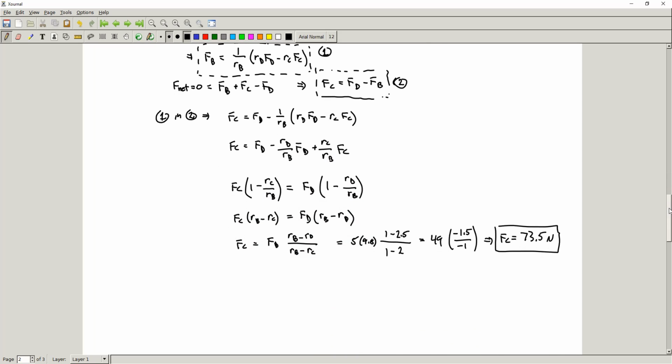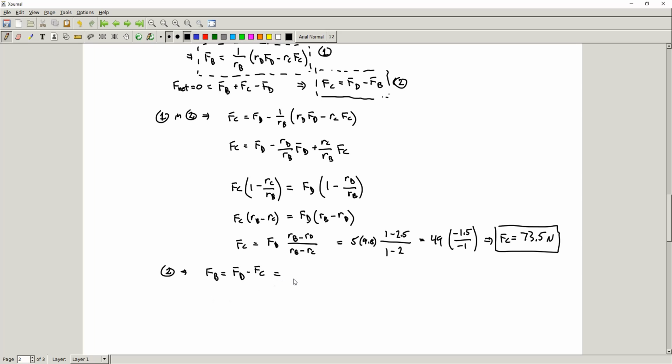We can now make use of our equation number 2, I guess, to solve for FB. So we can say equation 2, just slightly reorganizing it. We're going to move FB over to the left and FC over to the right. So it's going to be FB equals FD minus FC.